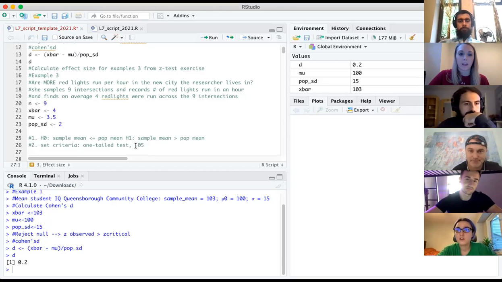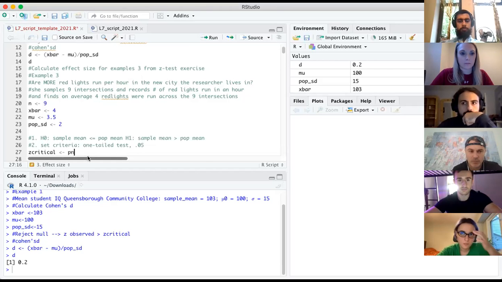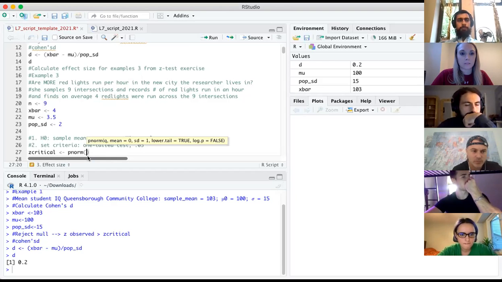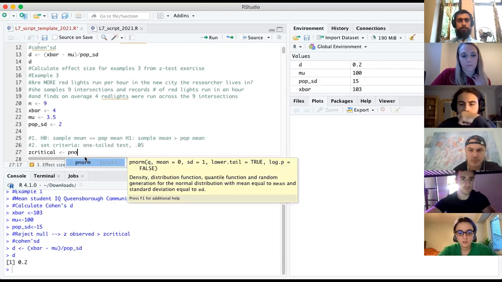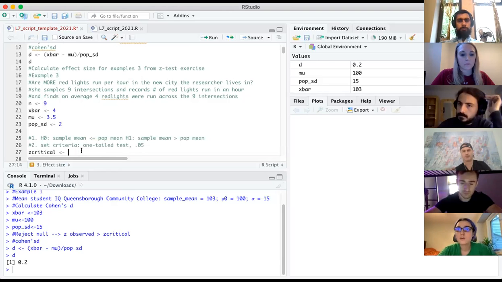We want to find our critical value, our cutoff. So what is our criteria to know when we're going to reject the null and when we're not going to reject the null? The null is if it's equal to or less than the population mean, 3.5, and the alternative is if it's more than 3.5.